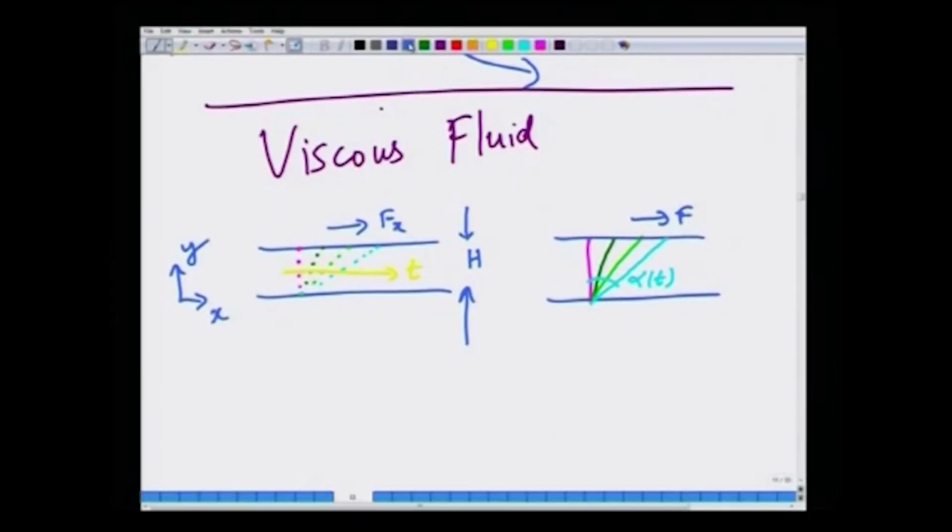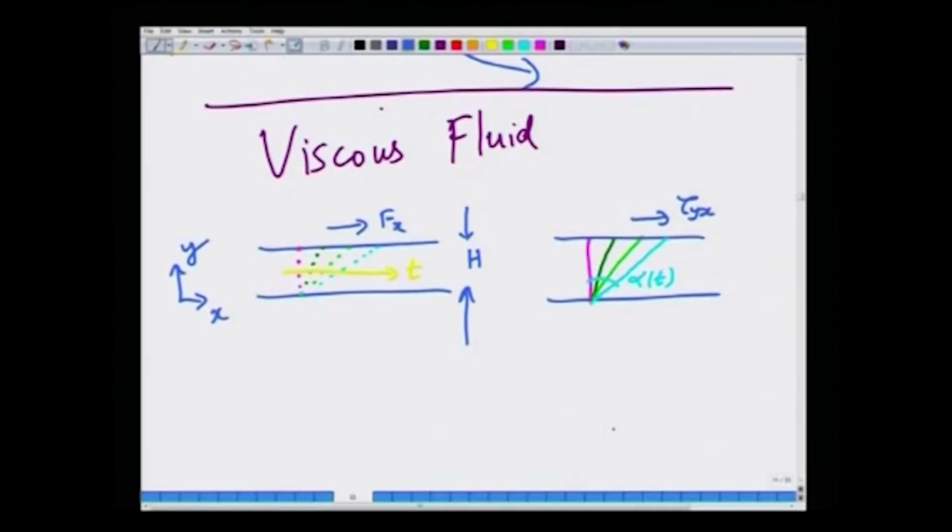Now, if you apply a given stress tau y x, which is force divided by unit area of the top plate, then these lines will continue to deform. So, we cannot say that the stress is proportional to the angle, because you can get a larger angle provided you are willing to wait long enough.